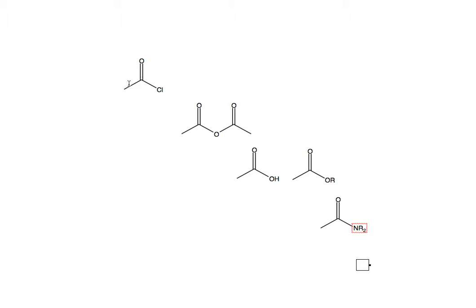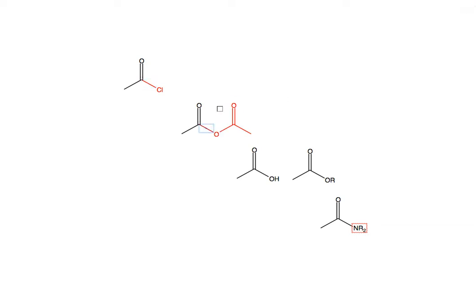All of these have a carbonyl attached to another electronegative element, and all of these compounds also, under the correct conditions, potentially have a leaving group. For example, the chloride can leave in an acid chloride.